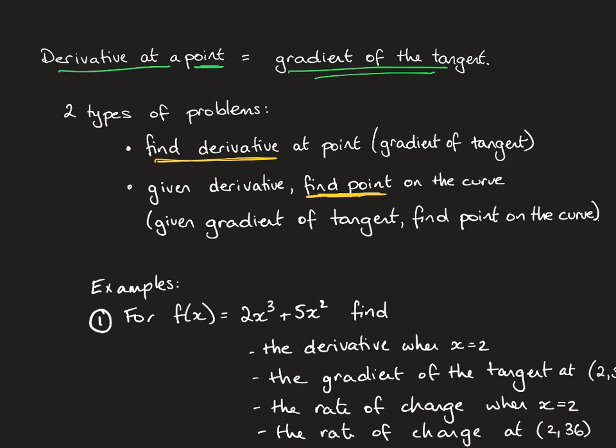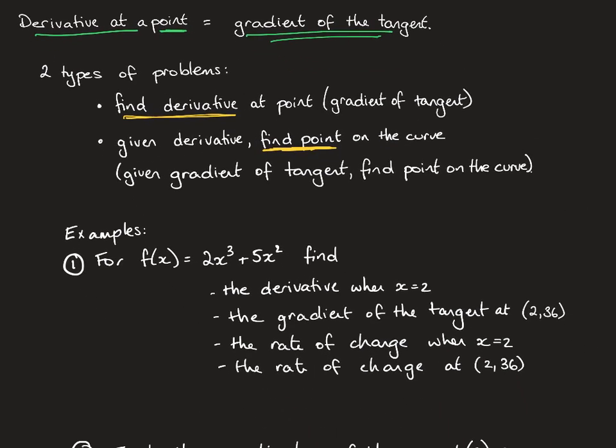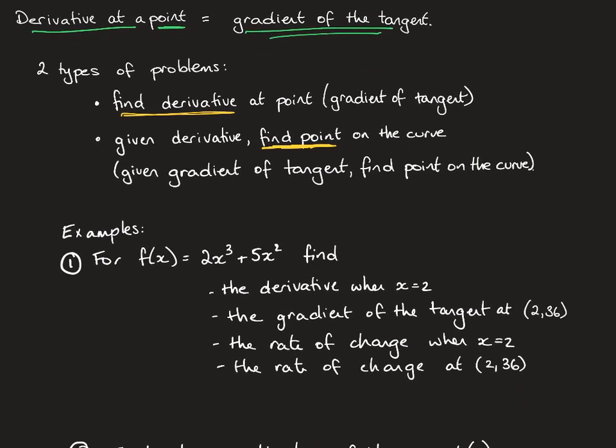So here's an example of that sort of question. For f of x is 2x cubed plus 5x squared, find. Now all of these four options are asking you to do exactly the same thing. It says find the derivative when x is equal to 2. Find the gradient of the tangent, which is just the derivative.